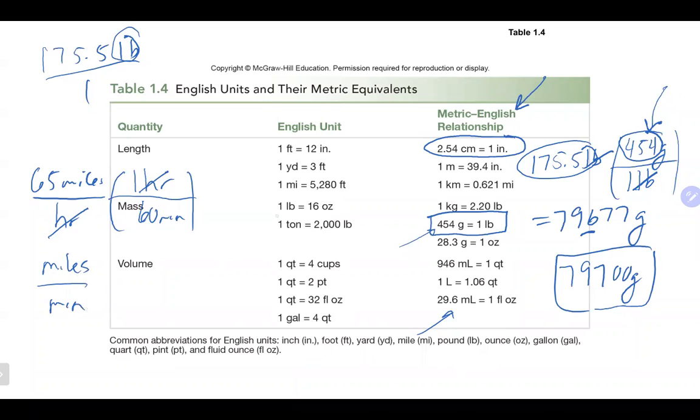Now I wanted seconds, so I can clearly see by setting it up like this that minutes are on the bottom, which means a minute should go up on top, and that should give us 60 seconds on the bottom. Again, the minute on top and minute on the bottom would cancel, leaving me miles up on top and seconds on the bottom. That gives me the units I was looking for, miles per second.